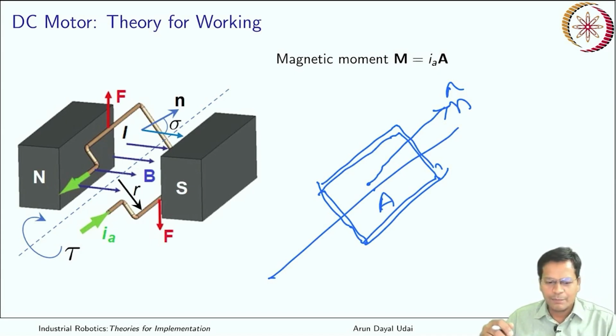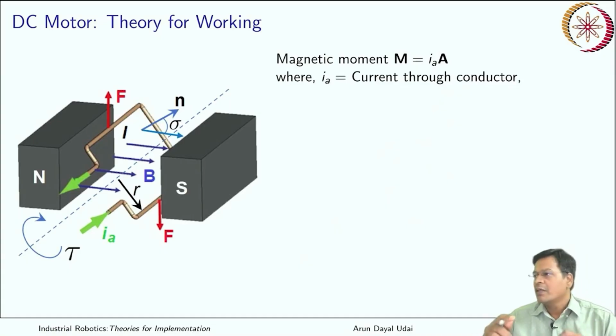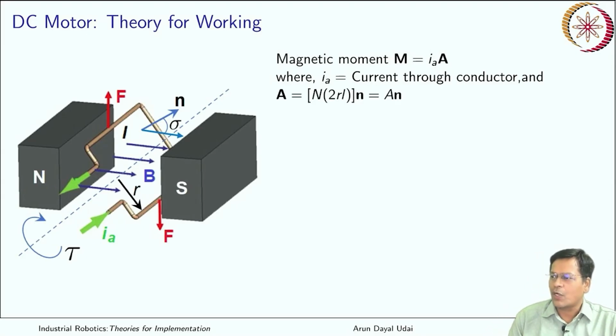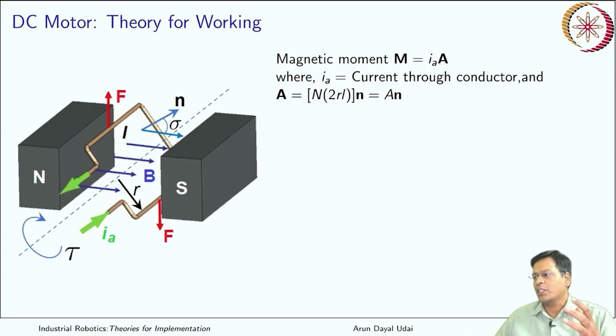So that is your A. That is Ia into A, the magnetic moment. Ia is the current through the conductor. And the area is given over here as, because there is a bunch of coil, if you look at the actual armature carefully, it has not just one wire at a particular place.